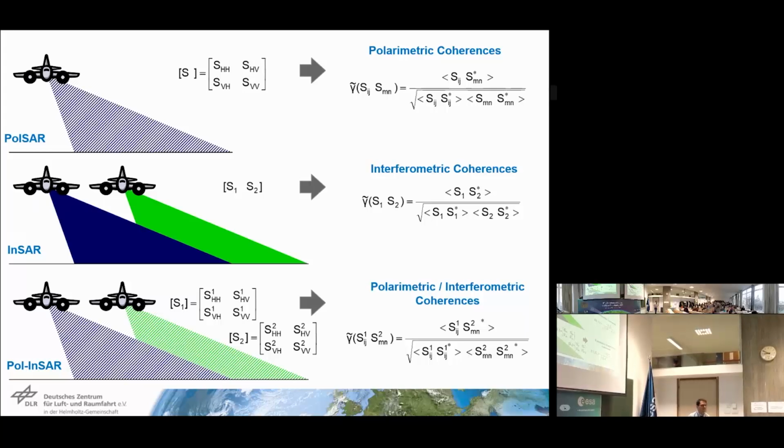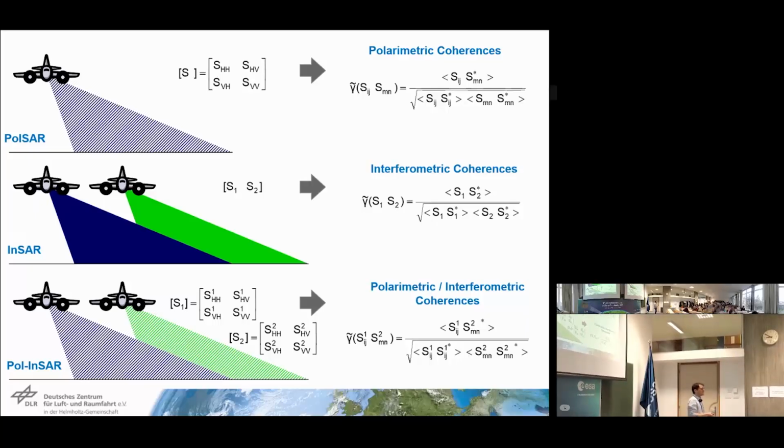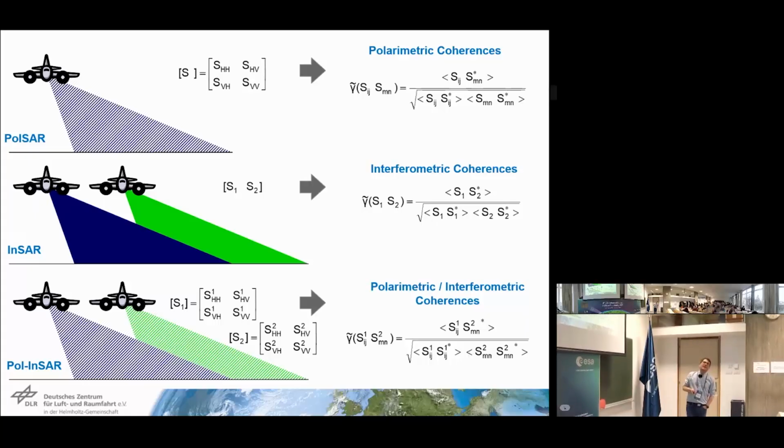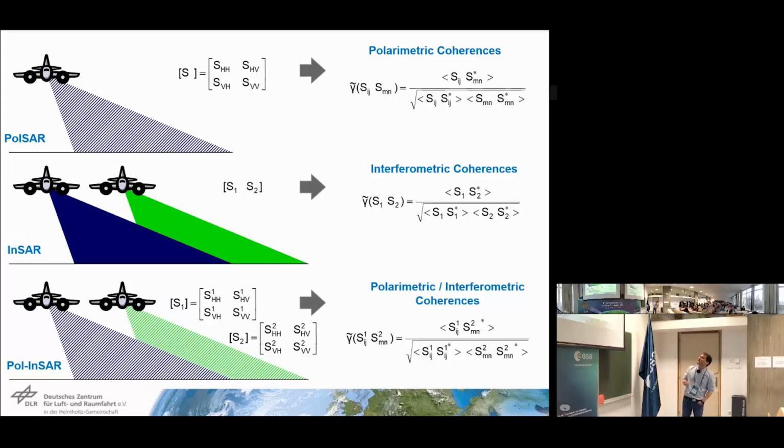You can also calculate the coherence between a polarimetric channel and itself. In this case, it becomes just intensity, so the phase goes away. But if you take different polarimetric channels, then you get an amplitude and a phase. Of course, the amplitude is normalized here.